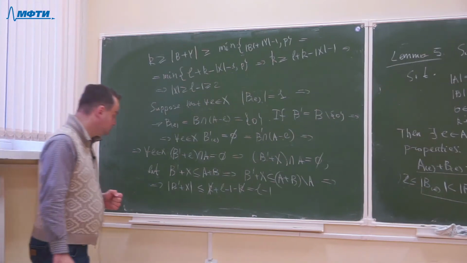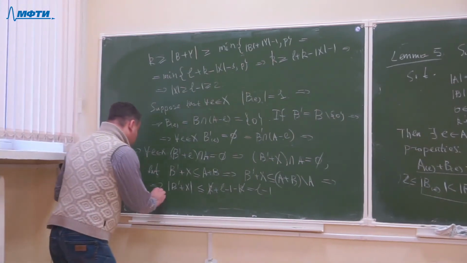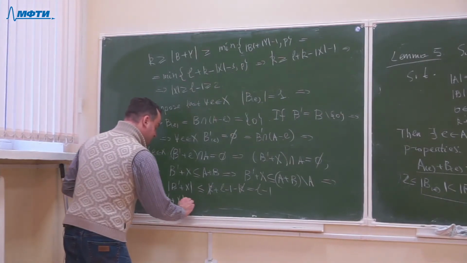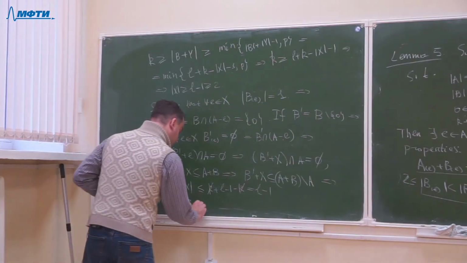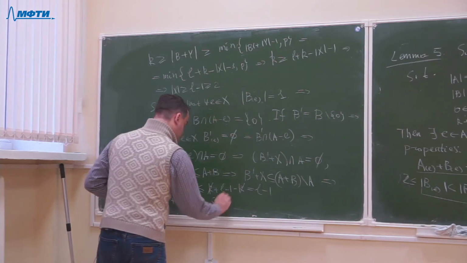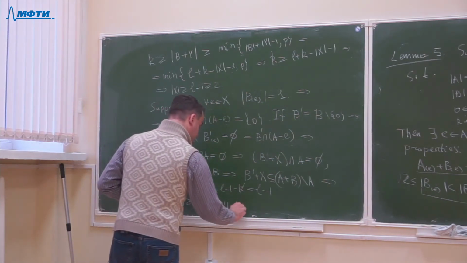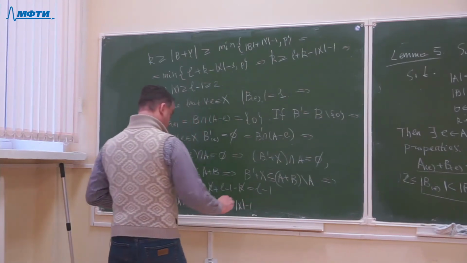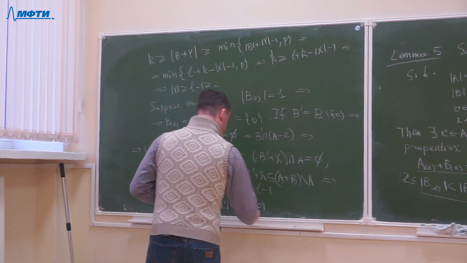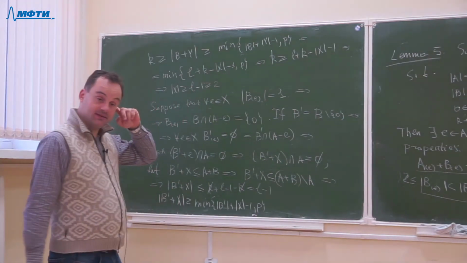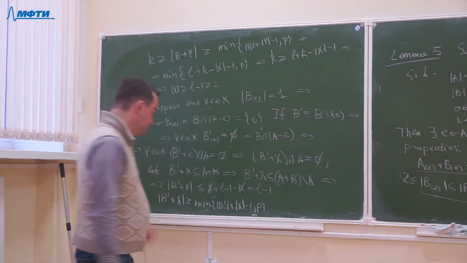Well, the lower bound by Cauchy-Davenport for B prime plus X is the minimum between cardinality of B prime plus cardinality of X minus 1 and P. B prime has L minus 1 elements.